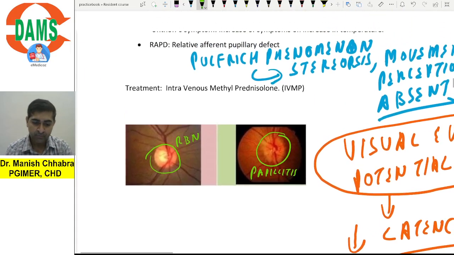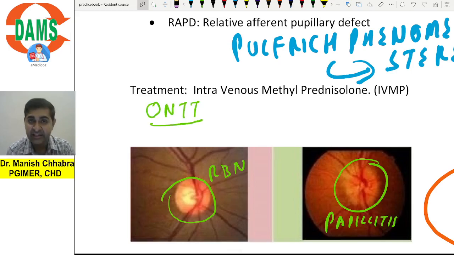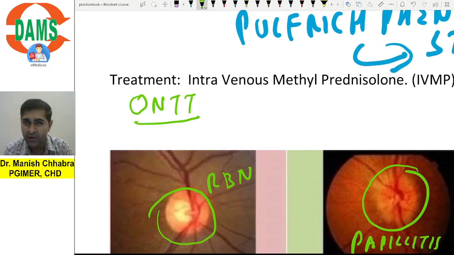Okay. Now coming over to the treatment part. For treatment, there is one trial which you need to know, that is ONTT, the Optic Neuritis Treatment Trial. Under the optic neuritis treatment trial, what did they do? They divided the patients into 3 groups.